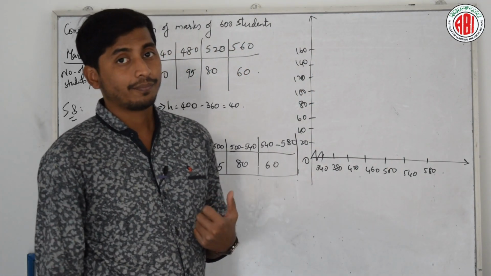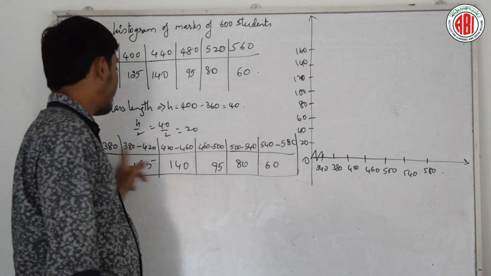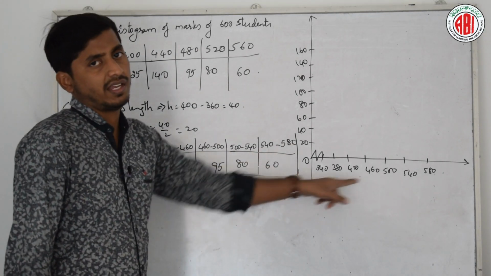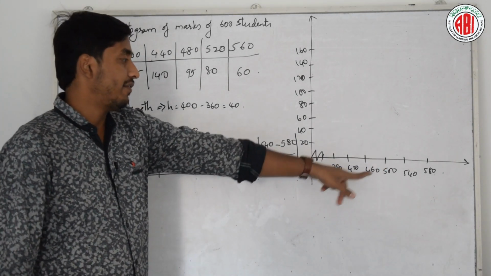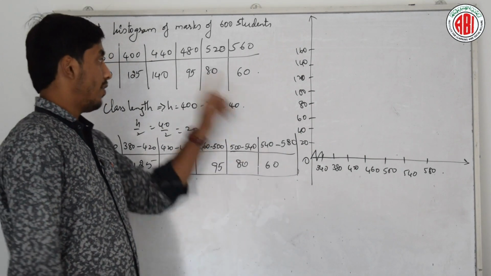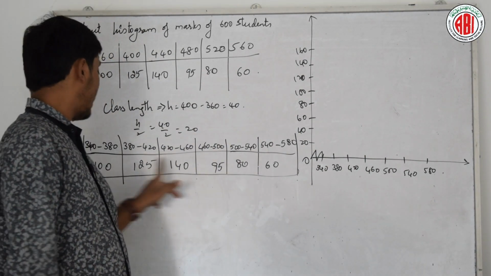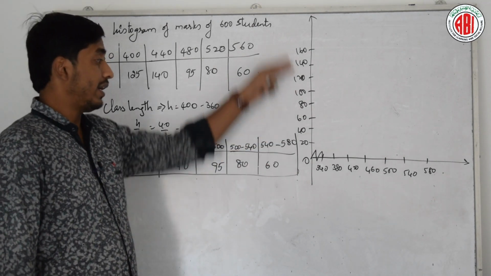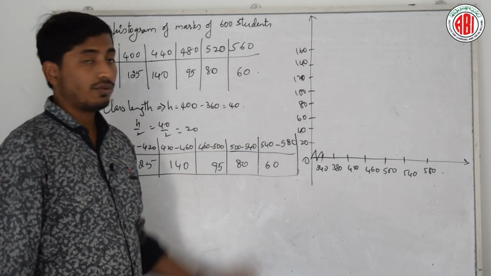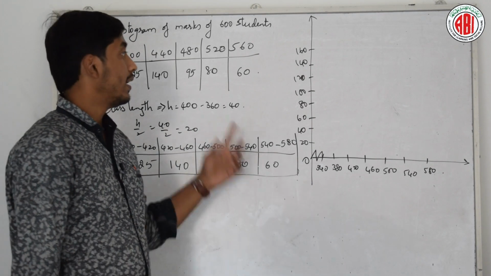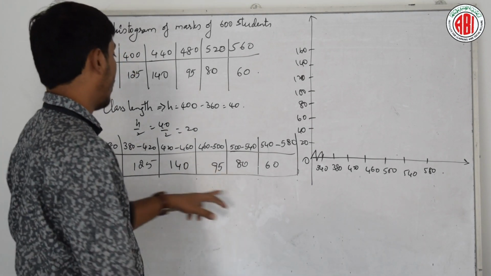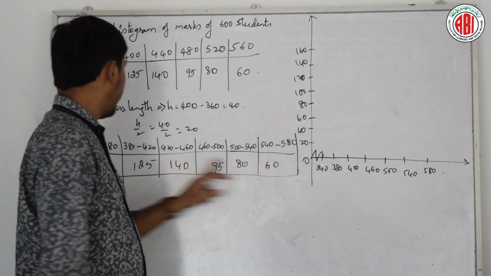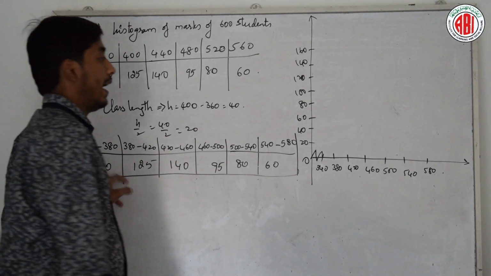Is it clear? Here the minimum number is 340, maximum is 580. That's why I have written a 40-40 gap on the x-axis. On the y-axis the minimum number is 60, maximum is 140, so we can take 20-20. That's why I have taken from 20 to 160. Clear? Shall we draw?